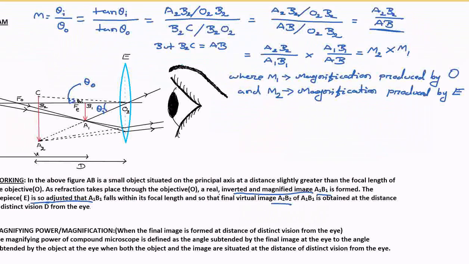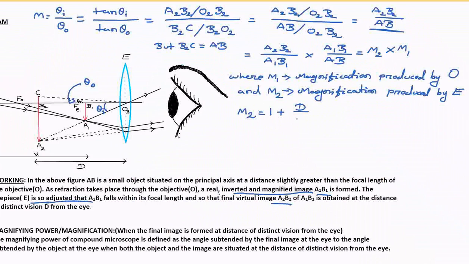So among these two lenses, objective and eyepiece, the eyepiece lens acts as a simple microscope, and we already found the magnification of a simple microscope, that is m is equal to 1 plus d divided by f. So the magnification produced by E or eyepiece, that is M2, is equal to 1 plus d divided by f.